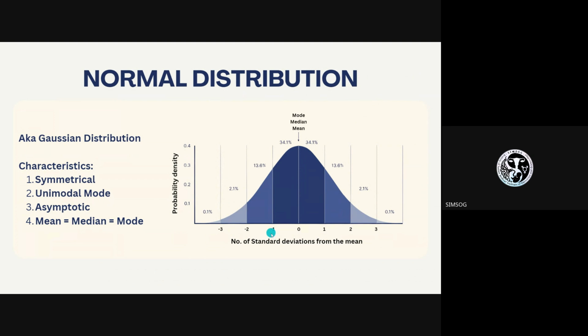From -1 standard deviation to +1 standard deviation, we know that it covers 68% of the sample values, whereas from -2 to +2 standard deviations, it covers approximately 95% of the sample values. Similarly, from -3 to +3, it covers almost 99.7% of the values found in the data.